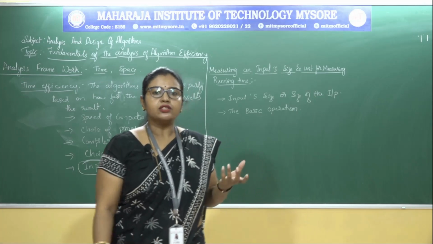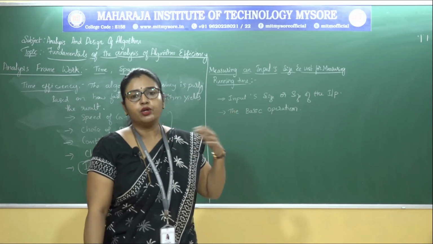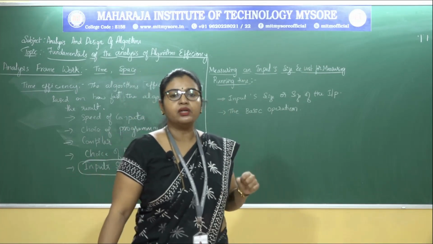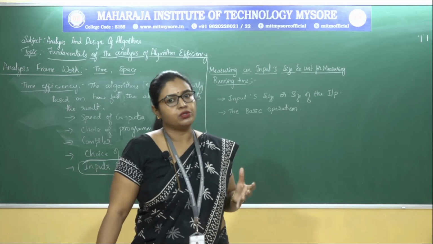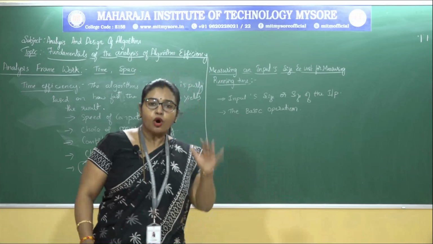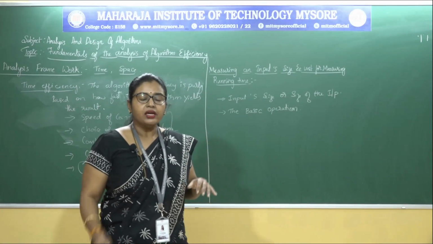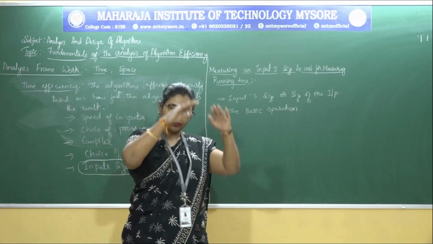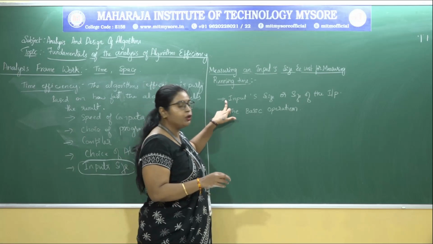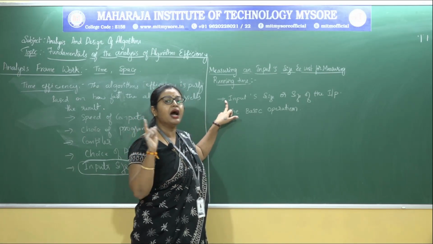But if you are sorting an array which has a huge amount of data, definitely it will take some time to process it. So the efficiency will become lower. Time will grow, in the sense that your efficiency decreases. So definitely, input plays a major role in analyzing your algorithm.